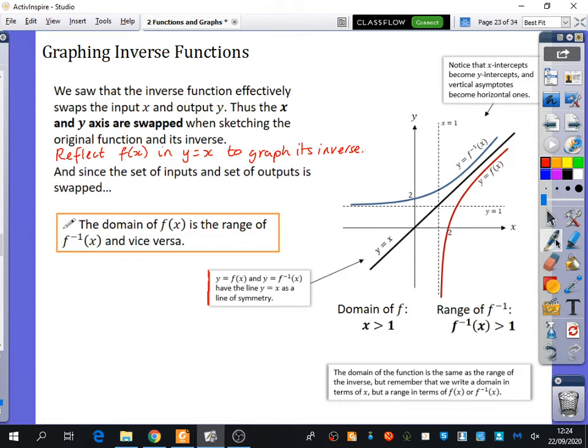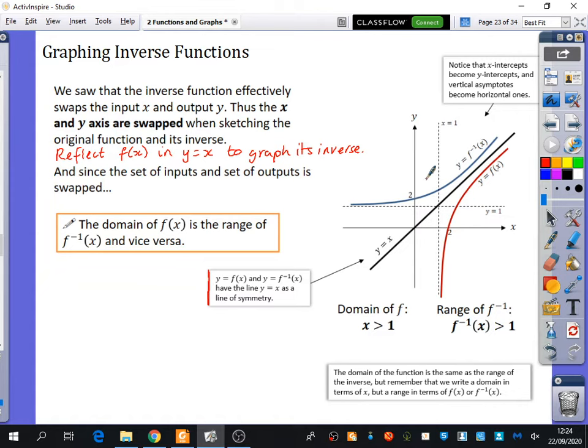So there's a couple of other things about this graph I just wanted to point out here. The red graph is the function. The blue graph is the inverse function. And you can see here that the line y equals x is that line of symmetry, that this red one has been reflected over into the blue one.